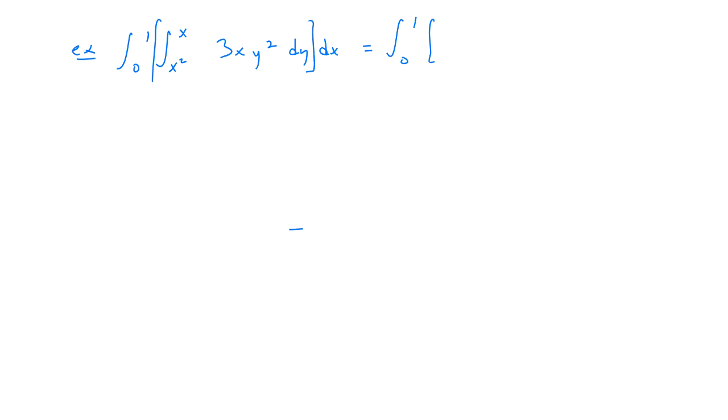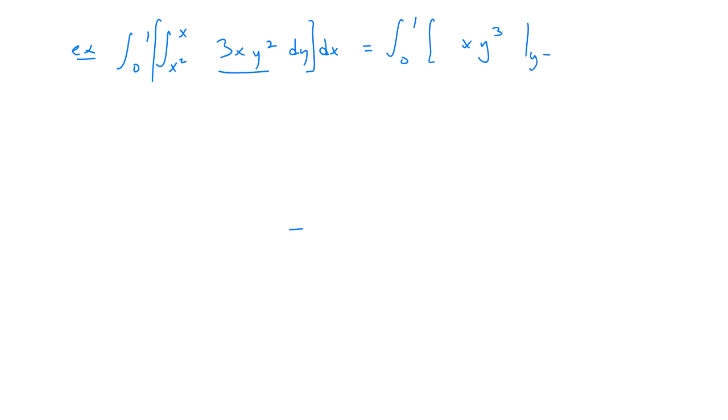We take the antiderivative, so again, the two-step process. Take the antiderivative of our function with respect to y. The antiderivative of that with respect to y is xy cubed.